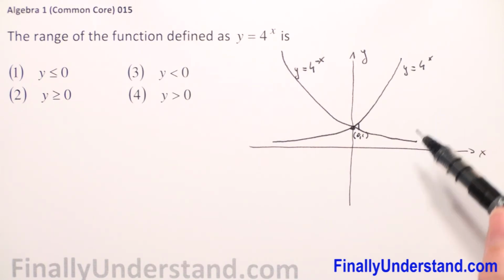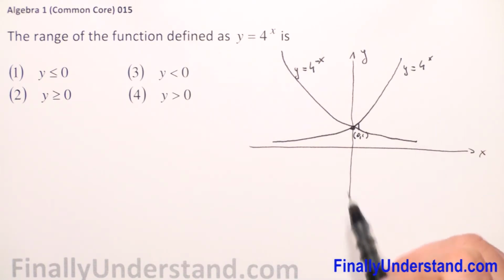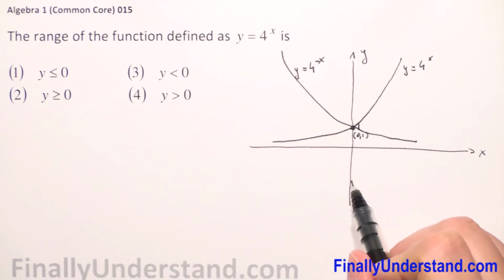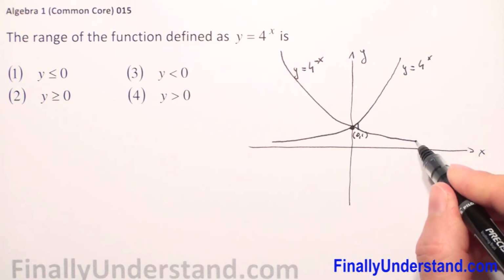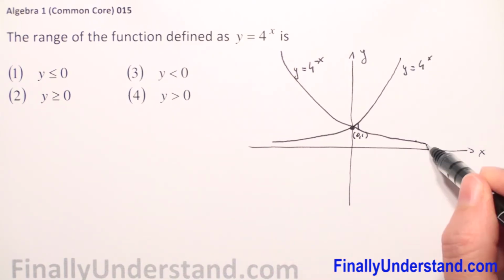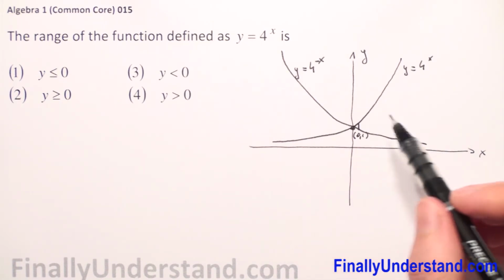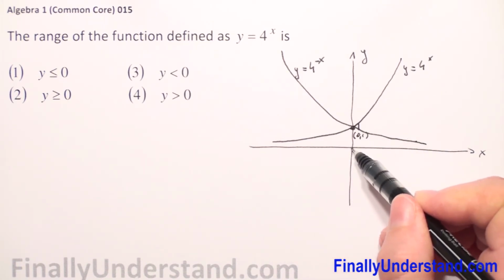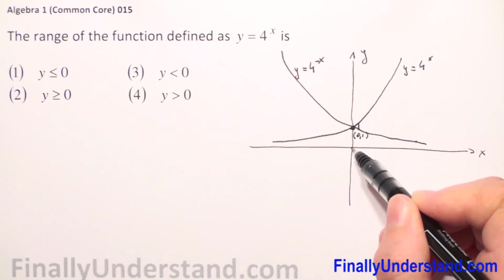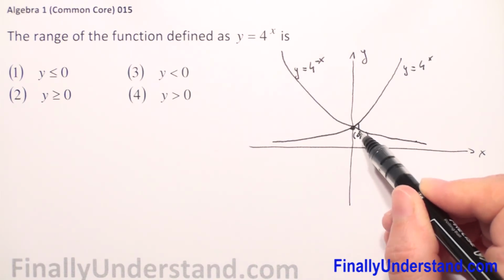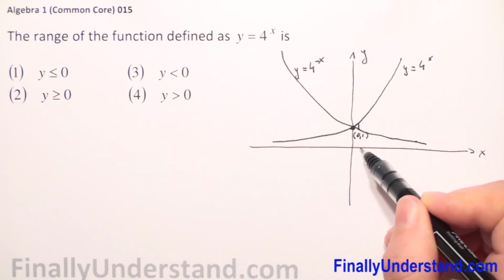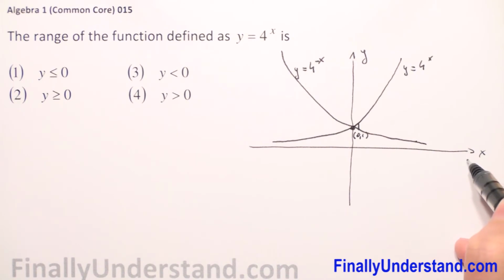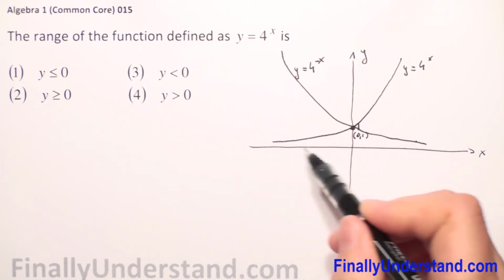When we have to find the range, we always walk along the y-axis and see where the graph starts. On this part going out, we have values going to positive or negative infinity. But the values of y are very close to 0, but never pass the x-axis on the right side or on the left.